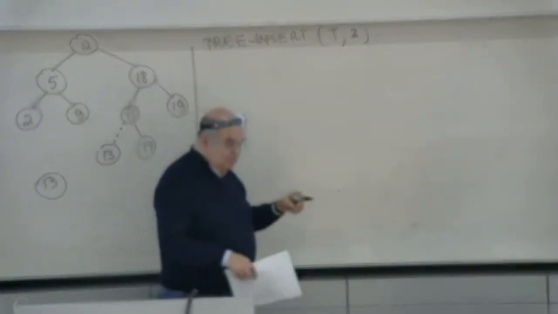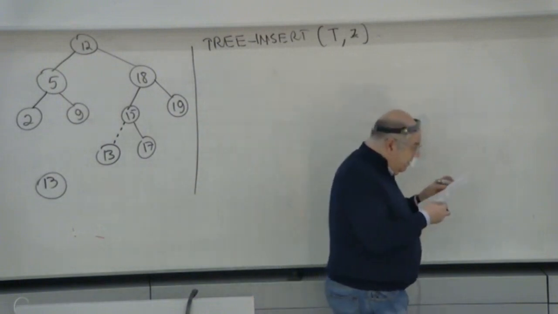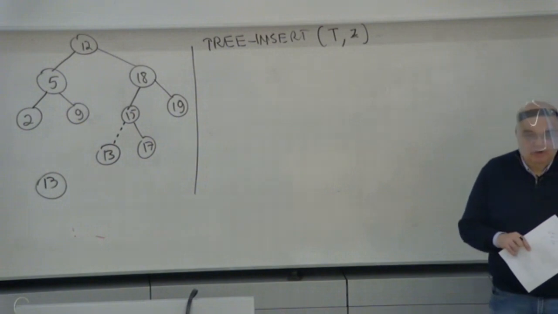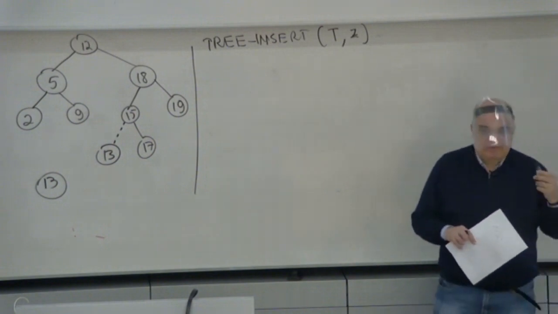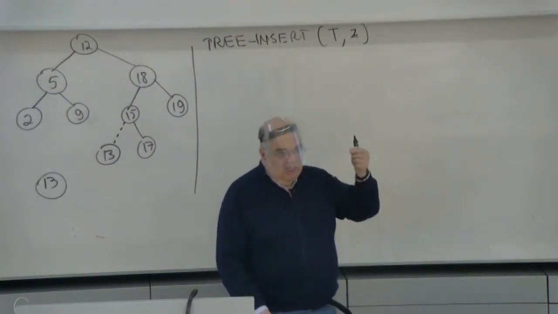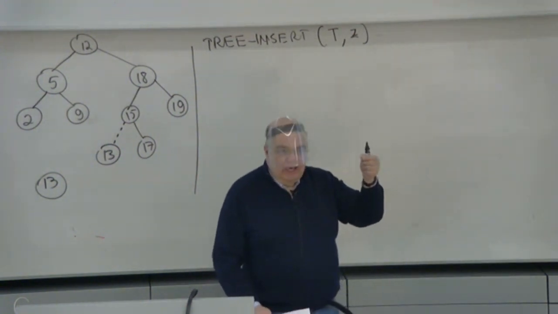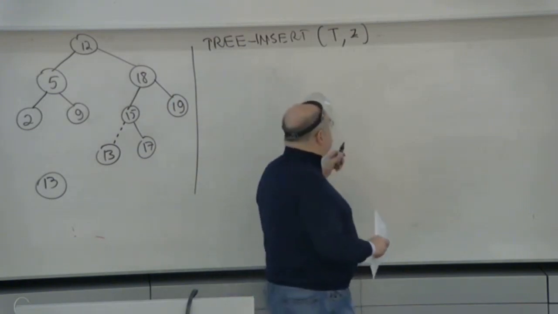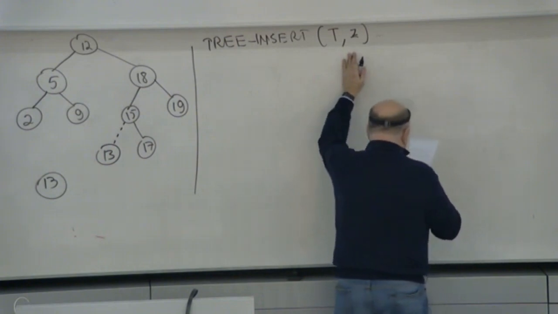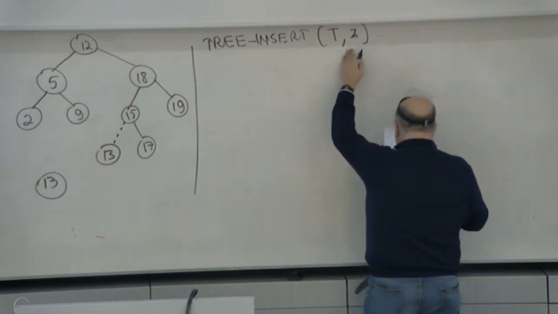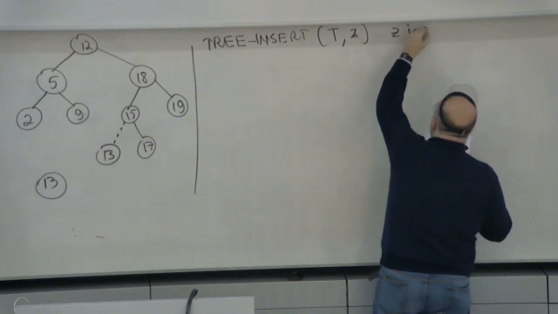This is clarified at the beginning of the description, before the algorithm. Z must be a node, not a number. Z has a key value, and its left child and right child are both set to nil. So let's write it explicitly: Z is a node.